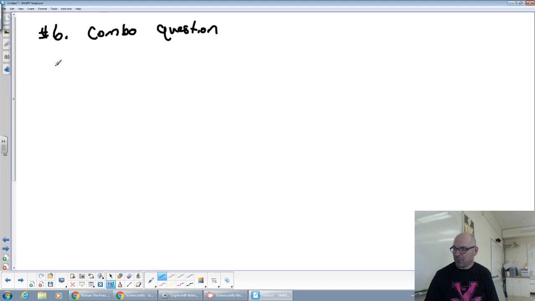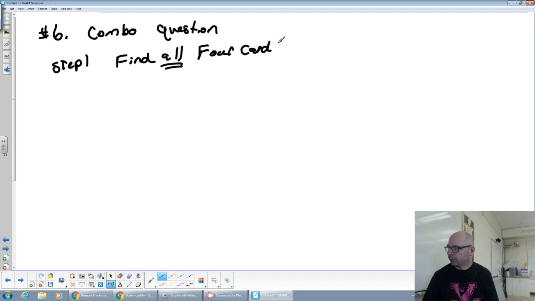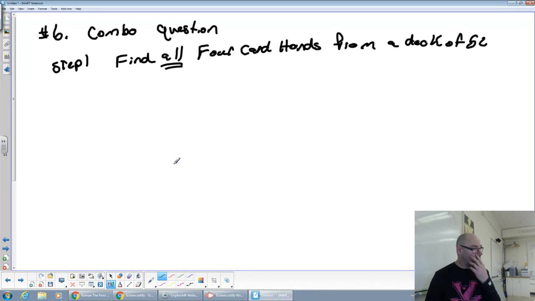Okay, so step 1 is find all the 4-card hands you can get out of a deck of cards. Okay, so because it doesn't matter what order you get the cards in, it's a combination question.